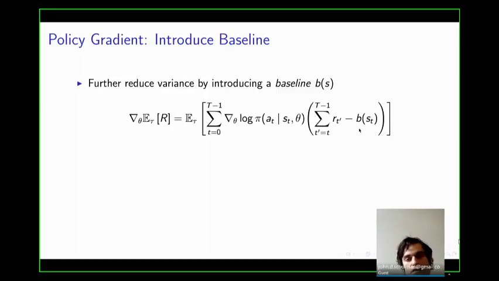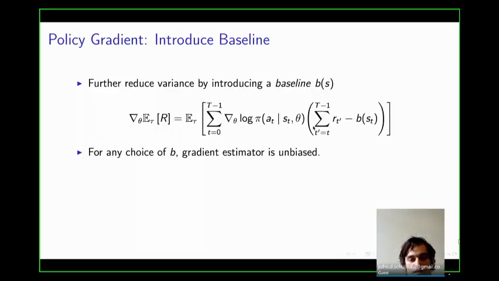So one nice fact is that for any choice of baseline, the gradient estimator we get is unbiased. I won't show the derivation in this slideshow, but it's pretty easy to derive.